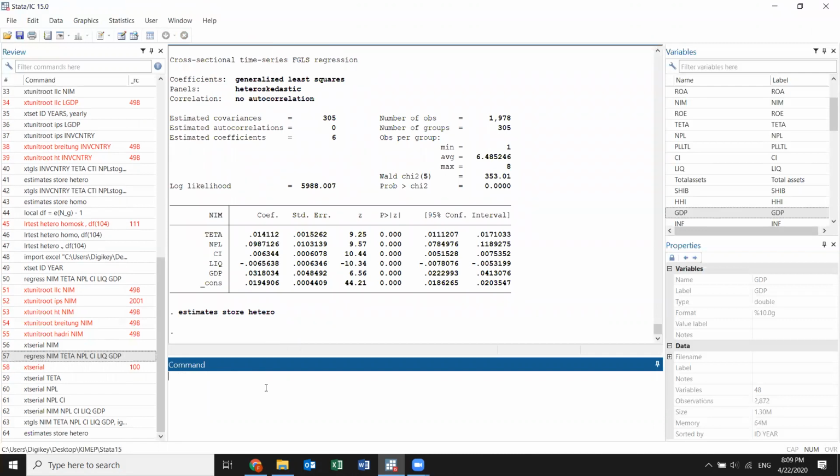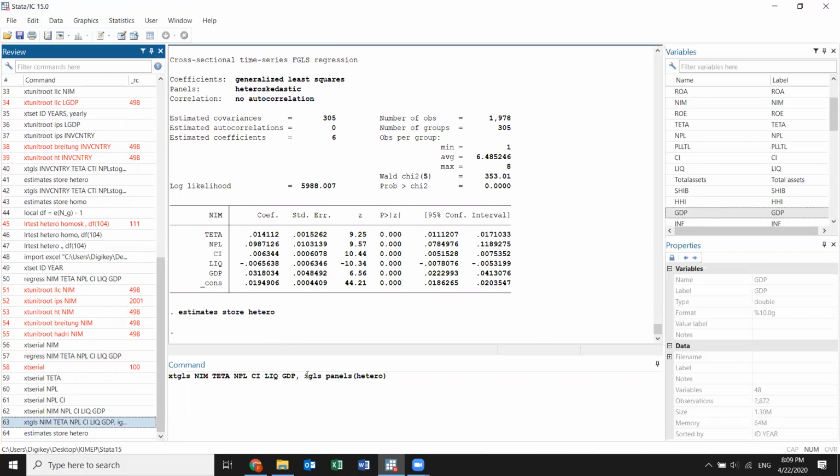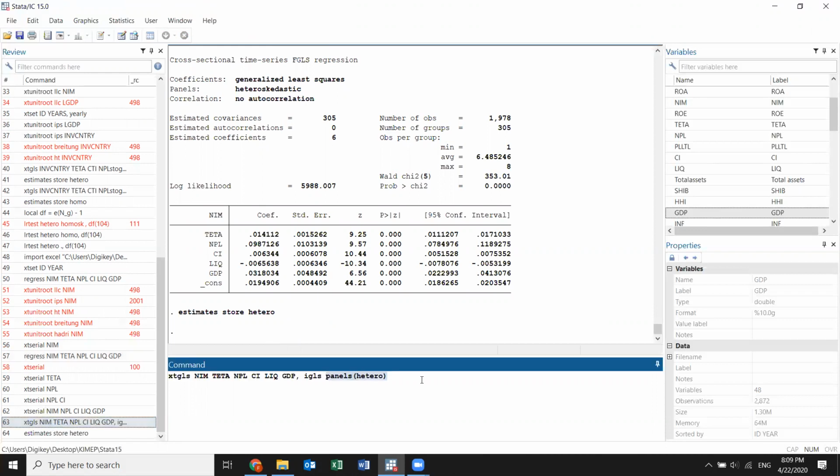I saved it, so I ran for heteroscedasticity. Now I'm going to run for homoscedasticity with the same model, but without the panels hetero option. If I don't use panels hetero, it means I'm running for homoscedasticity.